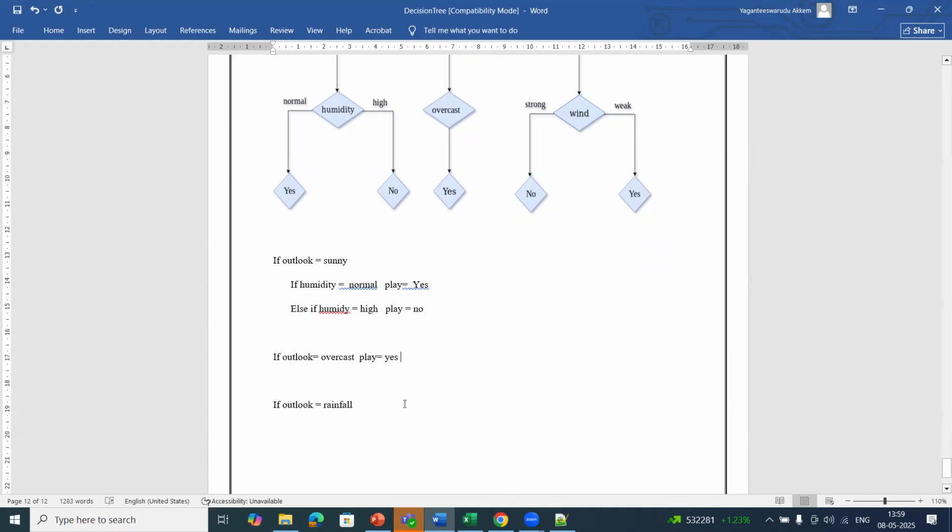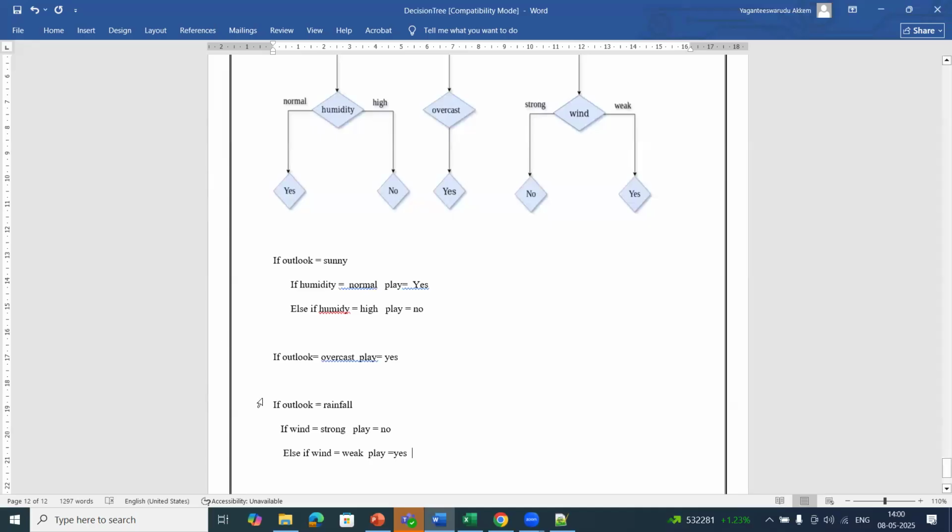So once you construct your decision tree, next will be these simple if else statements. If outlook equals rainfall, if wind equals strong, play will be no. Else if wind equals weak, play will be yes.